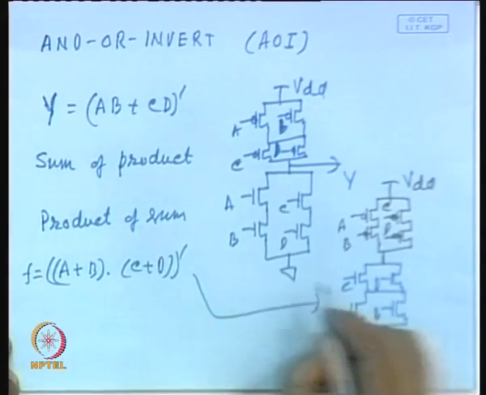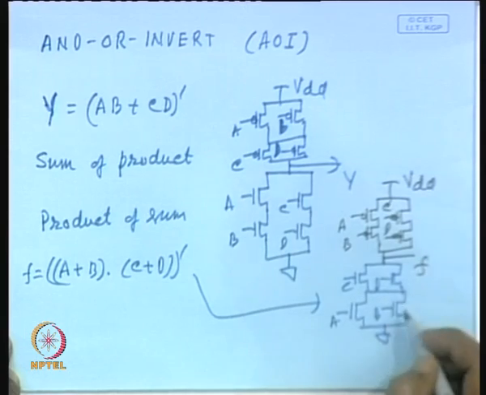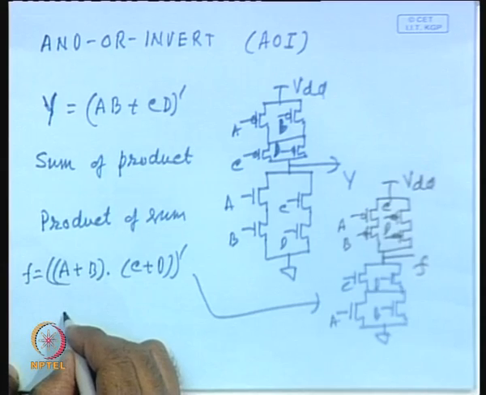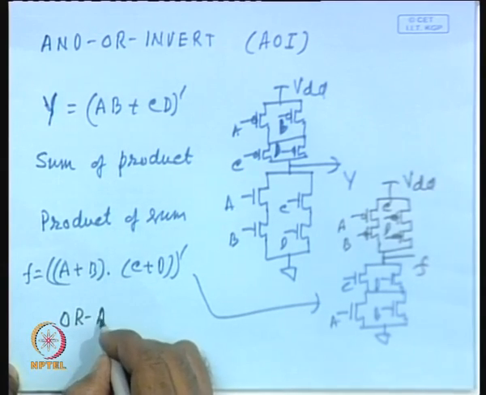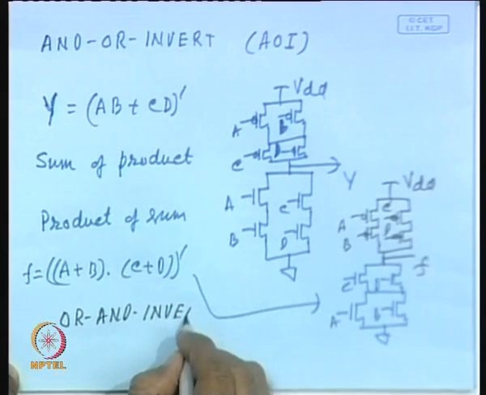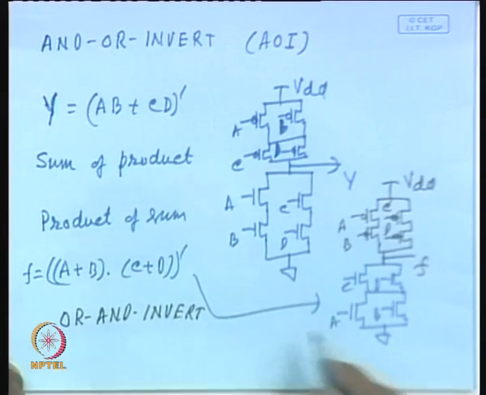Suppose this is your F. So, this realizes F. So, this is the corresponding OR and invert topology. That means, you can use one of the two topologies for realizing a Boolean function.